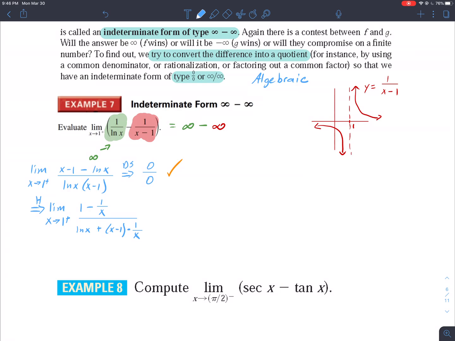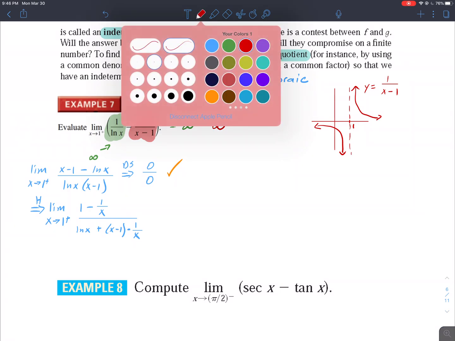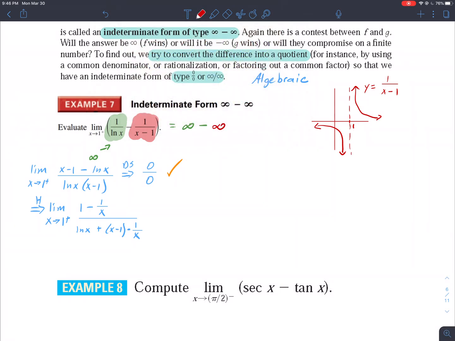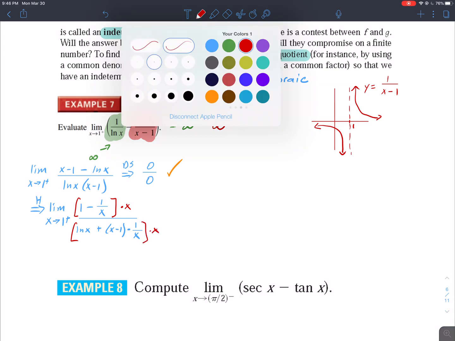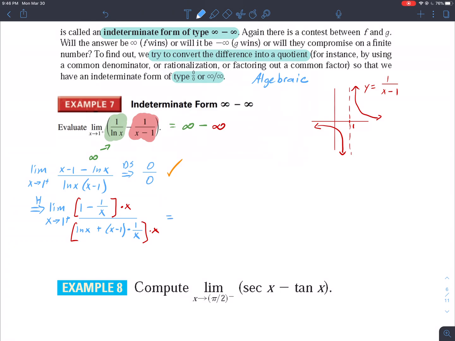You can use any algebraic strategy you want from this point to simplify and work this thing out, but I think, honestly, the simplest way is to multiply both the top and the bottom by x. That's going to help simplify this a little bit.